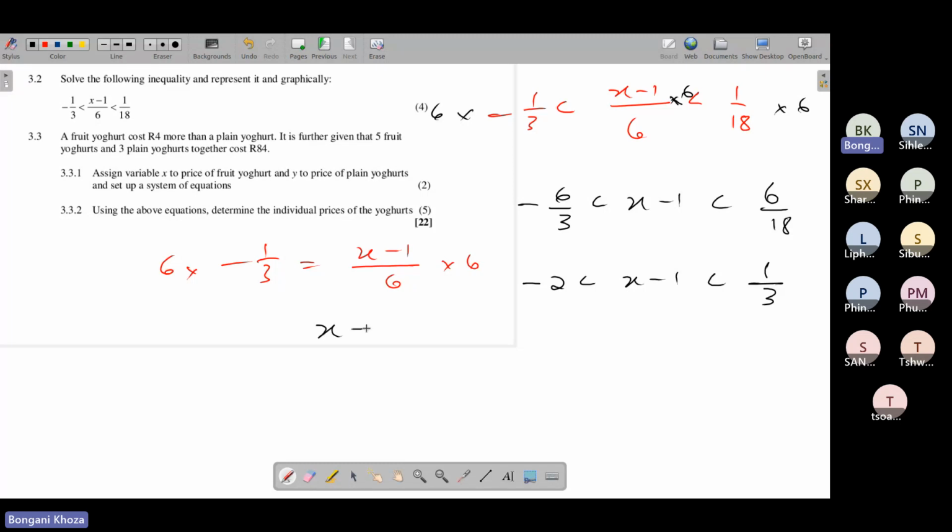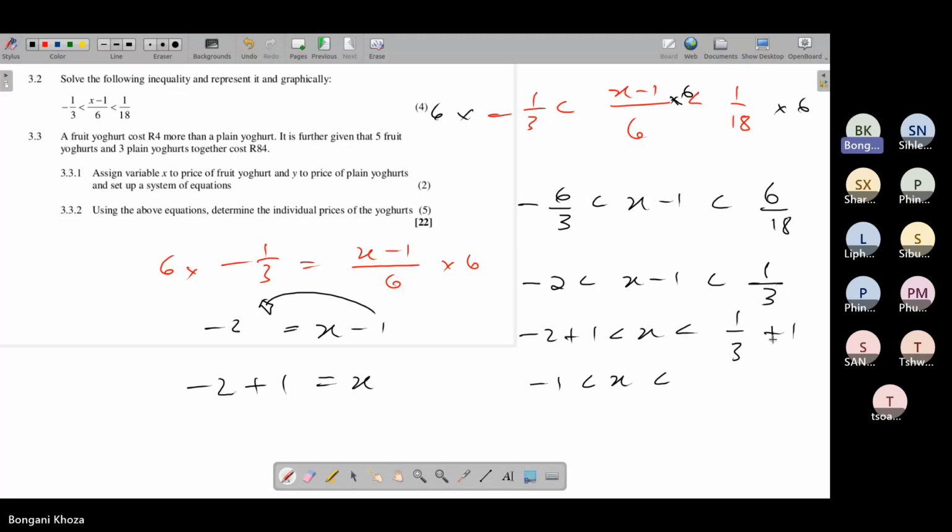If it was a normal equation, I'd just transpose this to the other side. So I'll have -2 plus 1 equals x, like that. So this ends up being -1 less than x less than, what does this give us? 4/3, I think, like that.